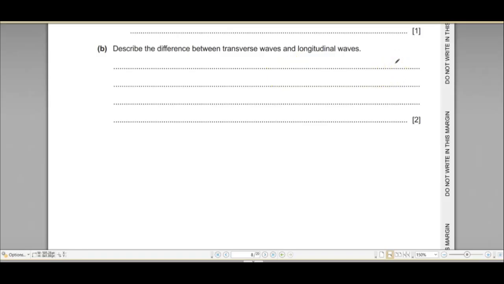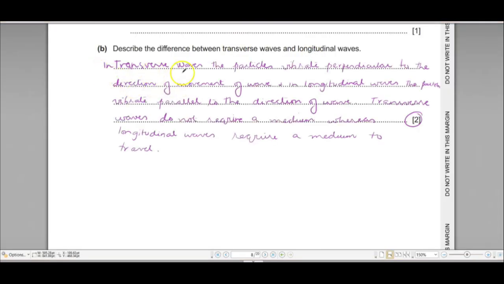Since it is 2 marks, we have to write 2 differences. We can also write that transverse waves don't need a medium and longitudinal waves need a medium. So I've written down both the reasons, the vibration of the particles and the requirement or no requirement of the medium, right?